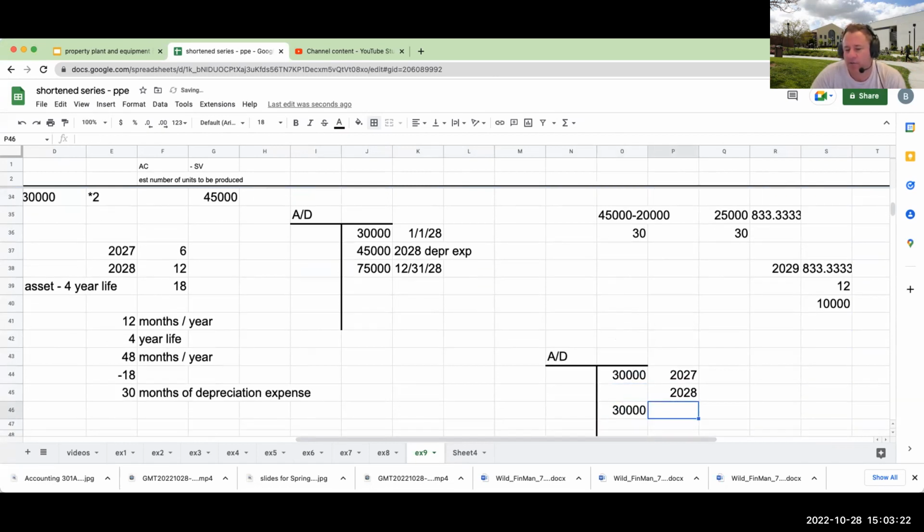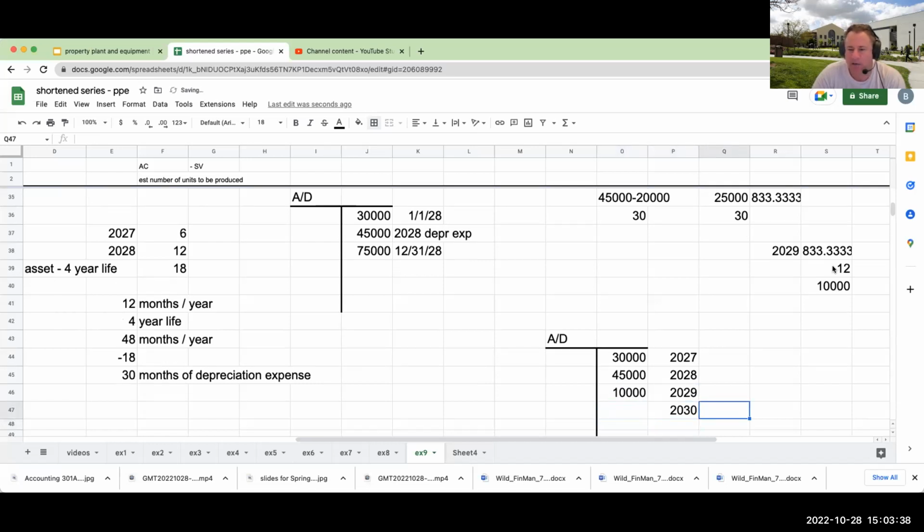In 2028, I took 45,000. In 2029, 10,000. In 2030, I subtract out the 12 months from 2029, which means I have 18 remaining, so I can still depreciate it. In 2030, it's the same monthly straight line rate for 12 months, so this is also 10,000.